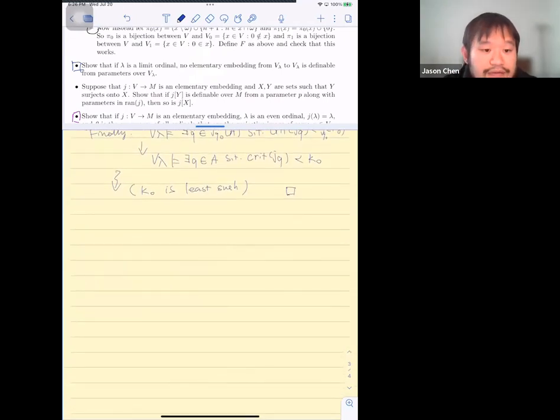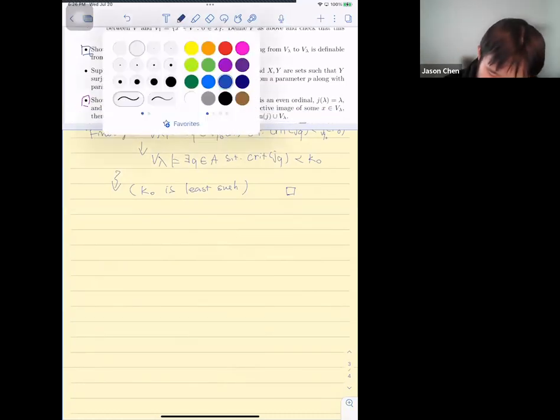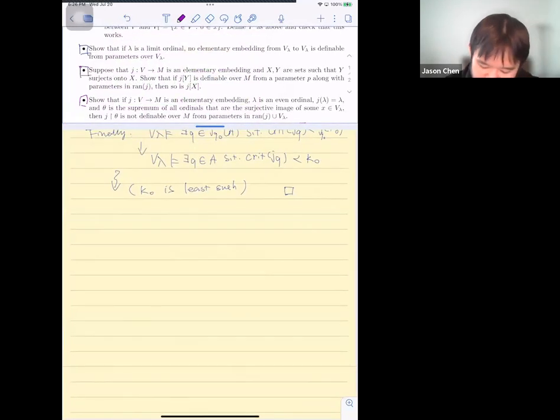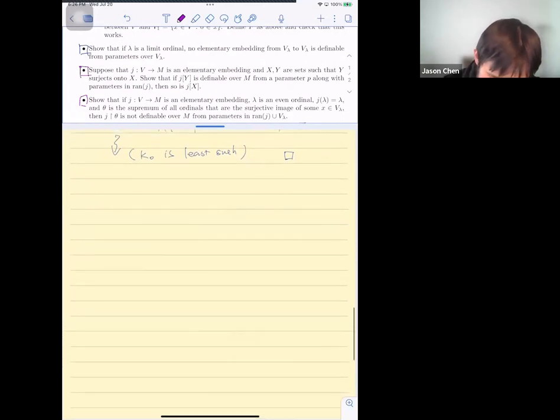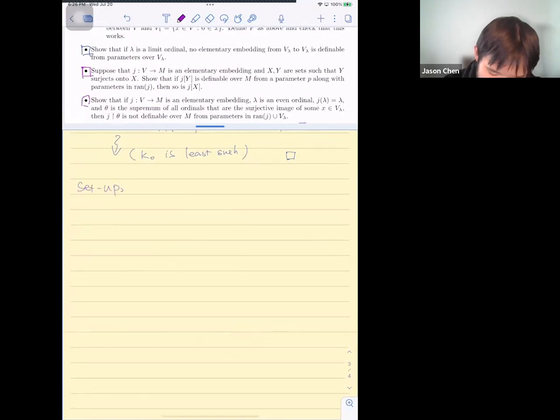Okay, and this next one here, I'm not sure if I have this correctly. I did it in a hurry, so we'll see. So the setup is as follows. J from V to M is elementary. And there exists some function mapping Y surjective onto X. So this means onto.